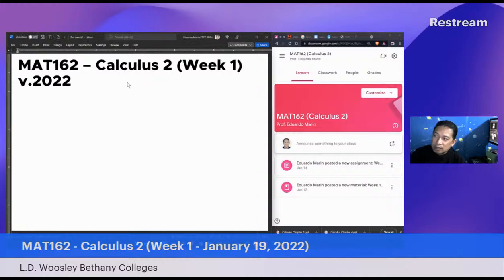So the other term for integral is antiderivative, no?